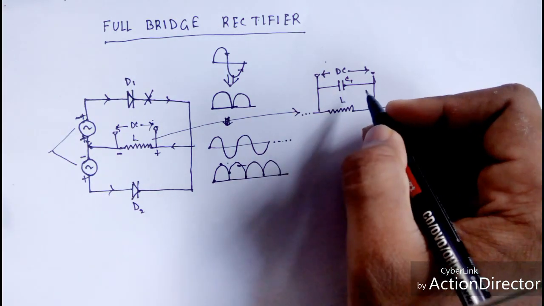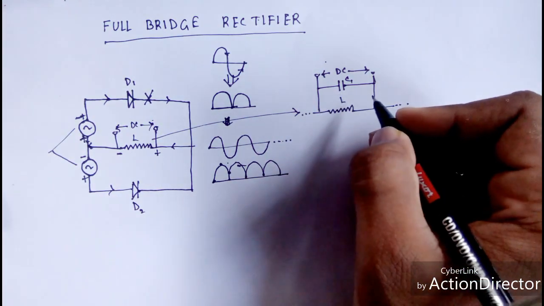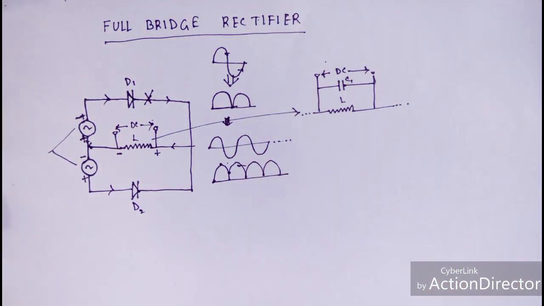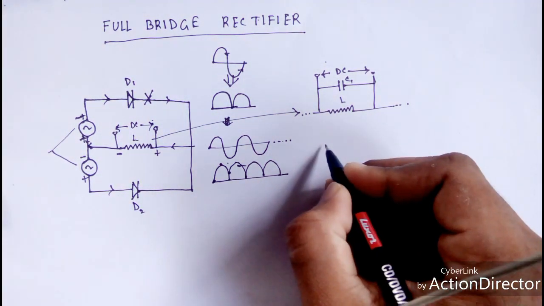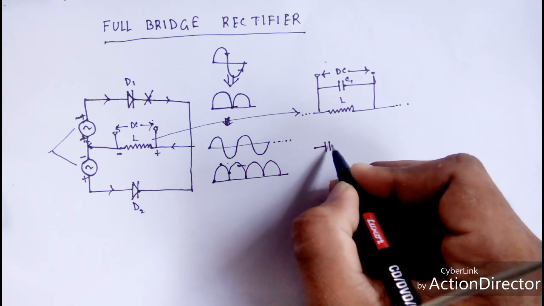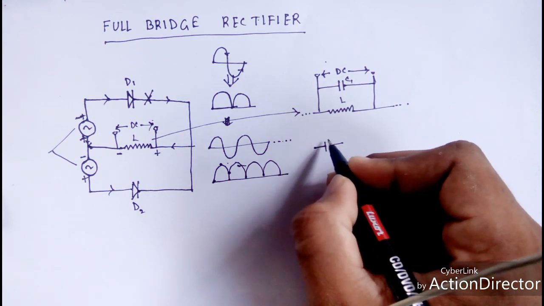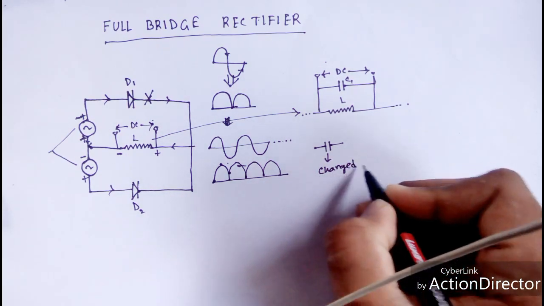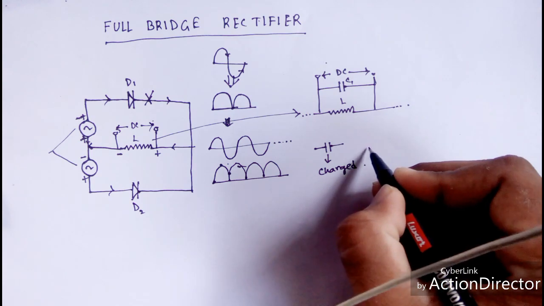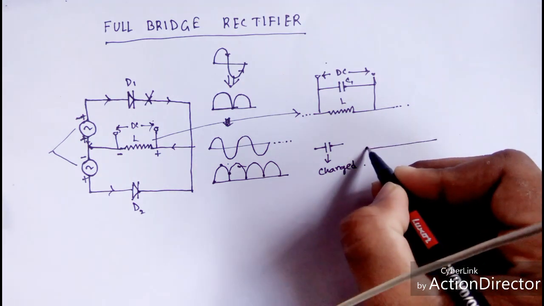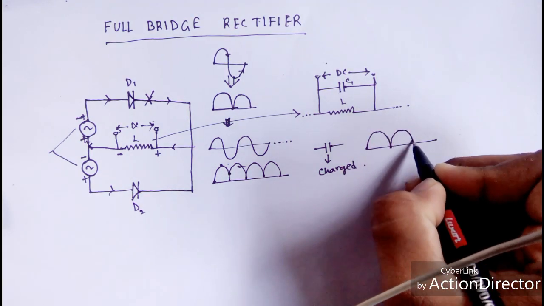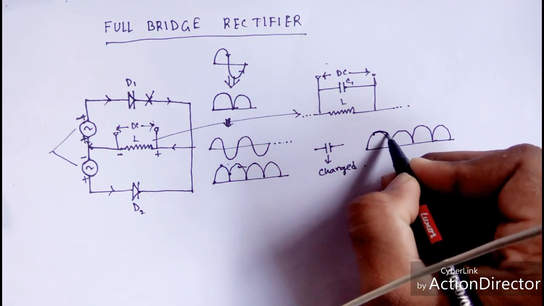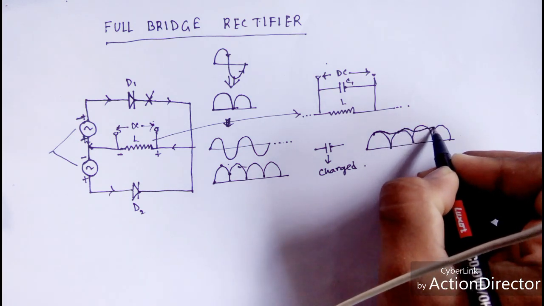Now what will happen when we add a capacitor and how is the ripple stabilized? Actually, when we add a capacitor, it becomes charged after a few moments, and it lowers the ripple as follows. Actually, the ripples become like this.